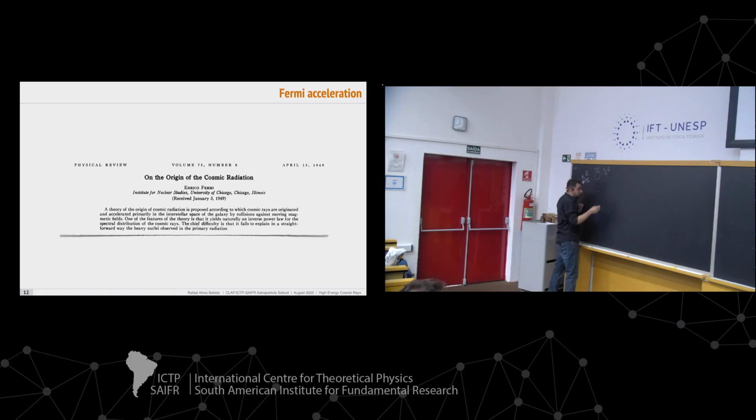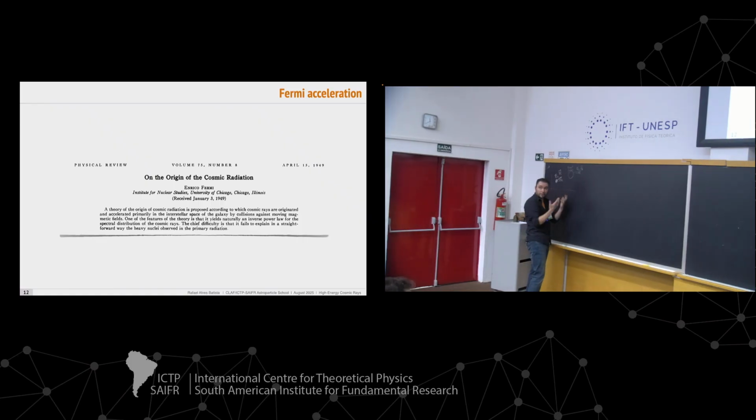In the target frame we are going to have primed quantities. It all depends on which frame we are dealing with. So this is a scattering problem. I'm not talking about the electromagnetic part yet. How do we treat a simple scattering here?